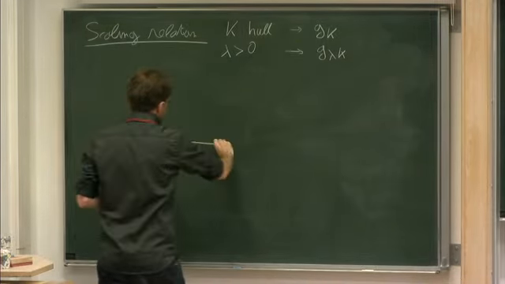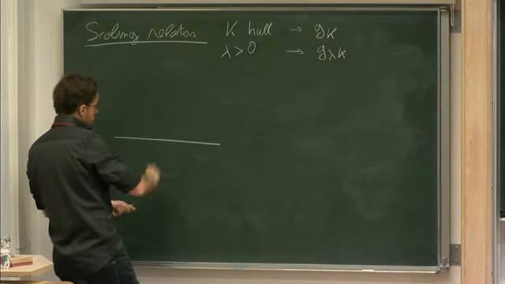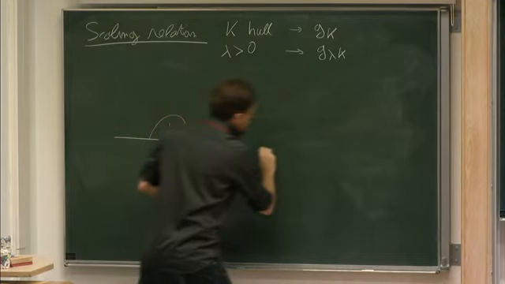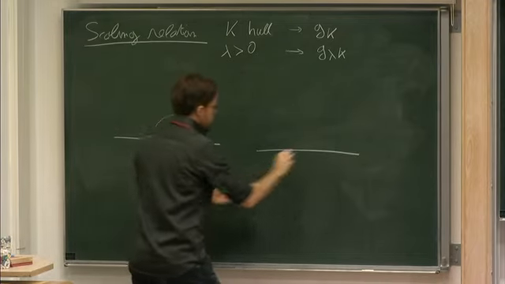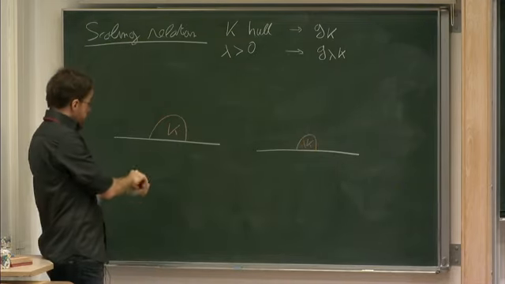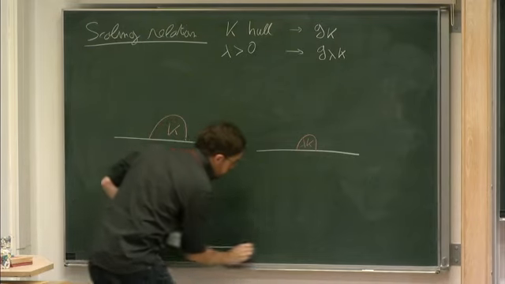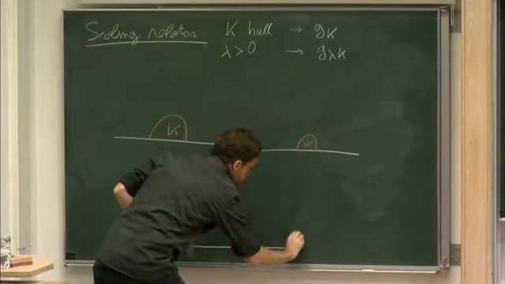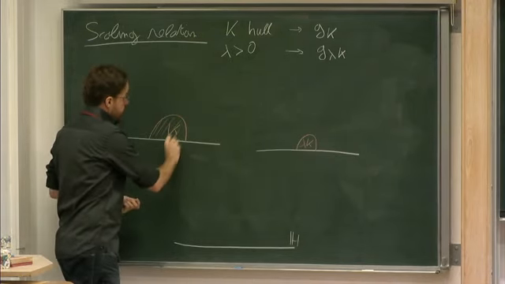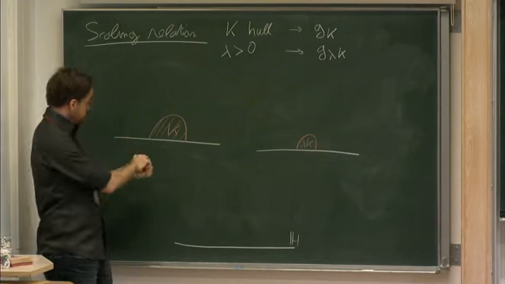So here is what we have. This is K. This is lambda K. And this is the upper half plane. And so if we remove K, we get H minus K here.